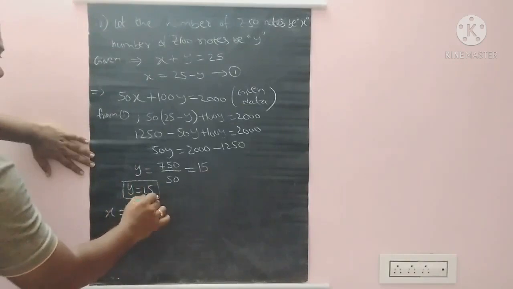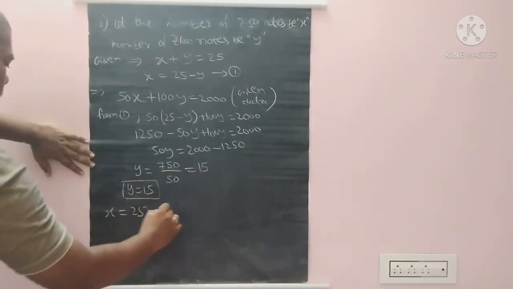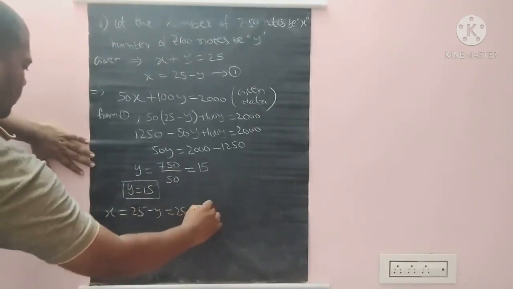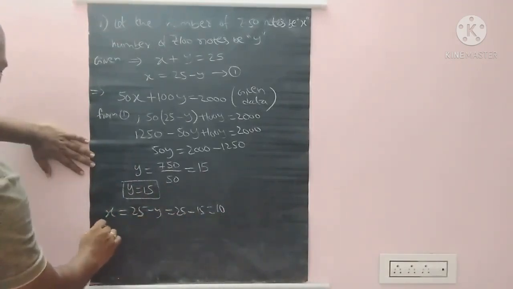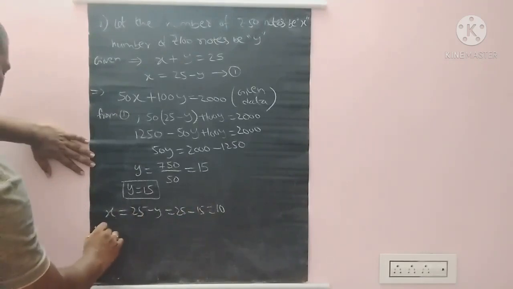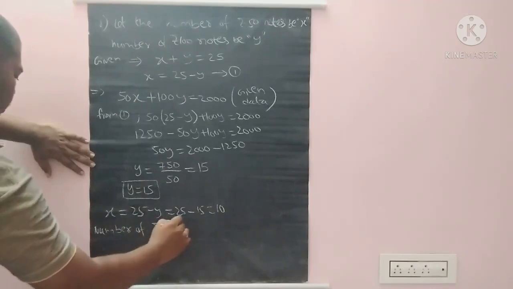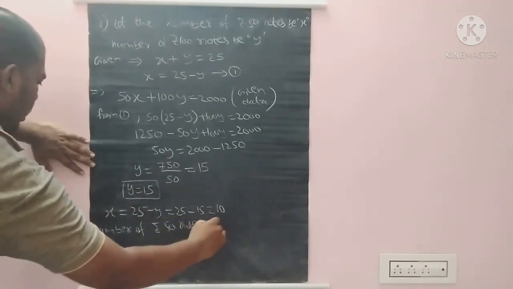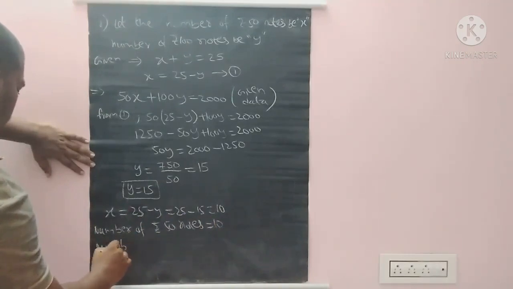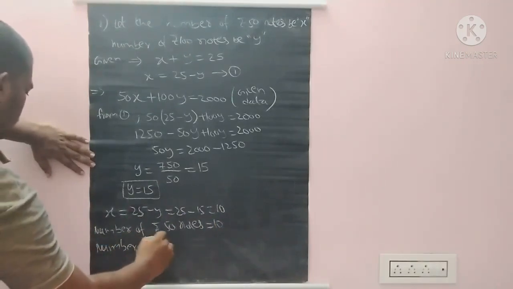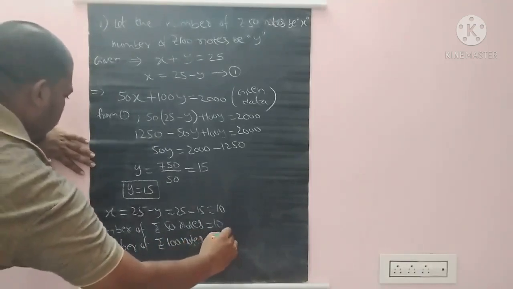x equals 25 minus y, that is 25 minus 15 equals 10. So the number of 50 rupee notes equals 10, and the number of 100 rupee notes equals 15.